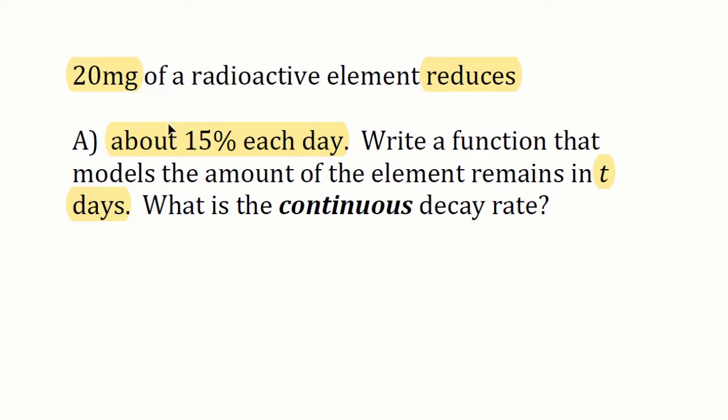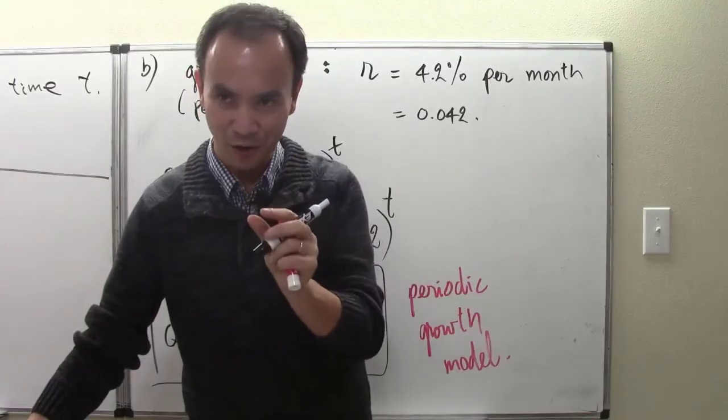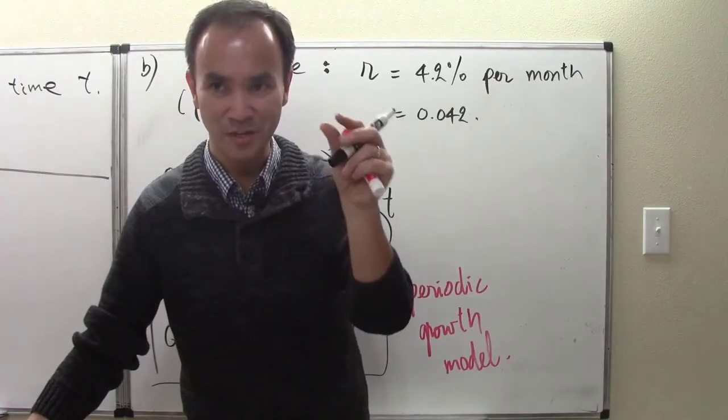My main point here is that the rate described is nowhere indicated to be a continuous or relative rate. So by default, we can simply understand that it's a periodic rate.